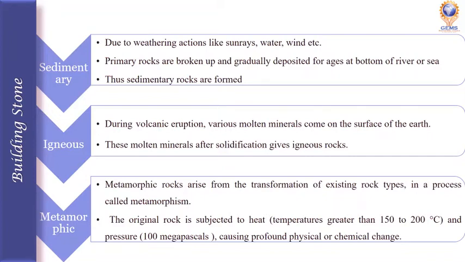Last is metamorphic rock. Metamorphic rocks arise from the transformation of an existing rock type in a process called metamorphism. Metamorphism means change in form. The original rock is subjected to heat and pressure, causing profound physical or chemical changes.